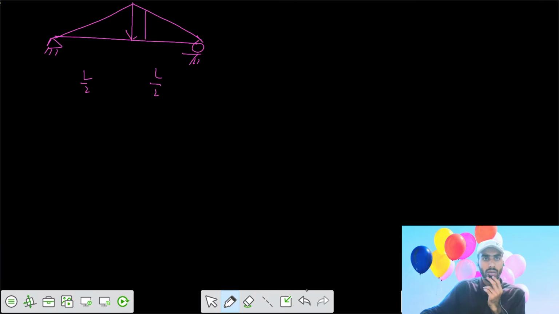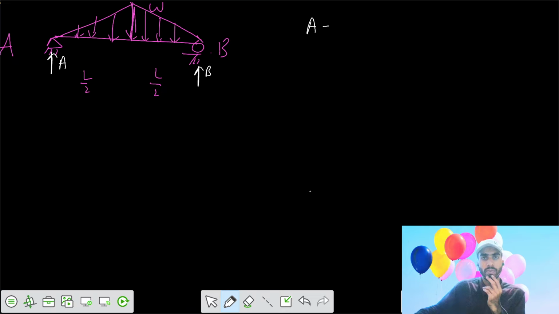So it is a uniformly varying load with a maximum intensity of W at L by 2 and 0 at the ends, say support A and support B. Let's say the reactions here are reaction A and reaction B.